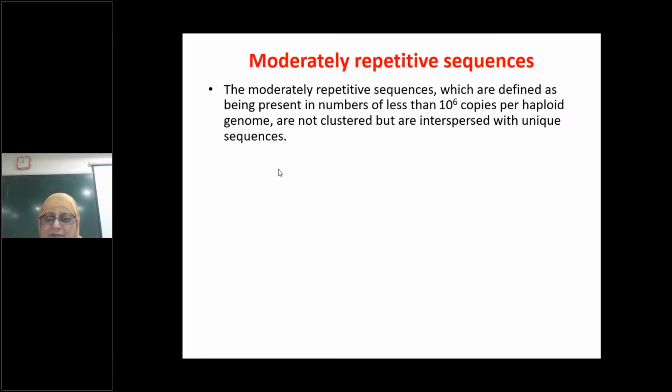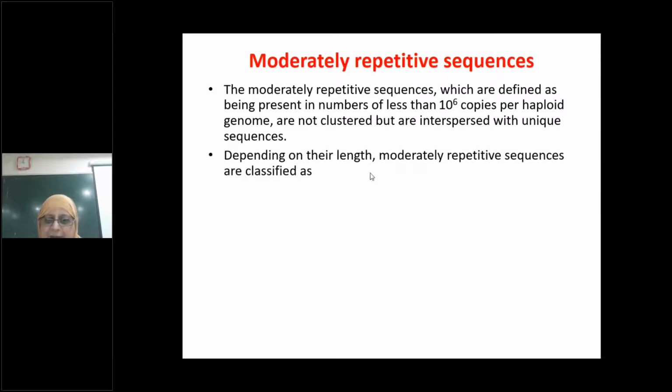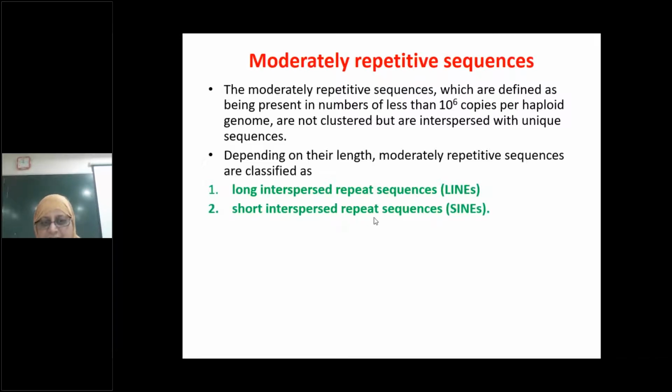So highly repetitive sequences are clustered, while these are interspersed. Depending on their length, these moderately repetitive sequences are subclassified into long interspersed repeat sequences, known as LINEs, or short interspersed repeat sequences, known as SINEs.